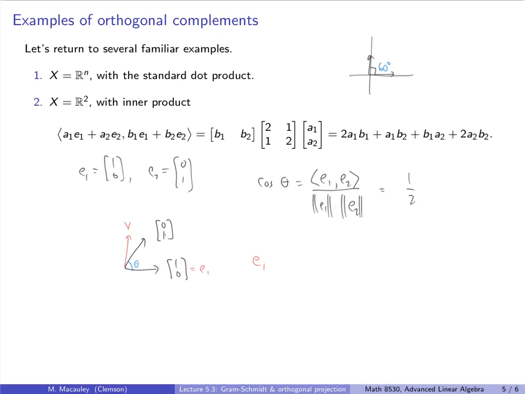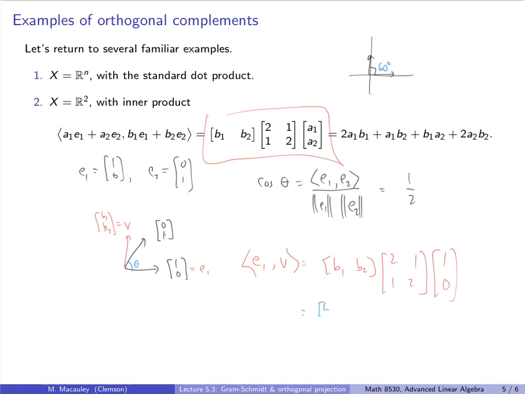Let's see what is orthogonal to e1. So e1 dot v, using this definition, let's say that v is b = (b1, b2). So that's going to be (b1 b2) times 2 1 1 2 times (1, 0). Let's multiply this out.